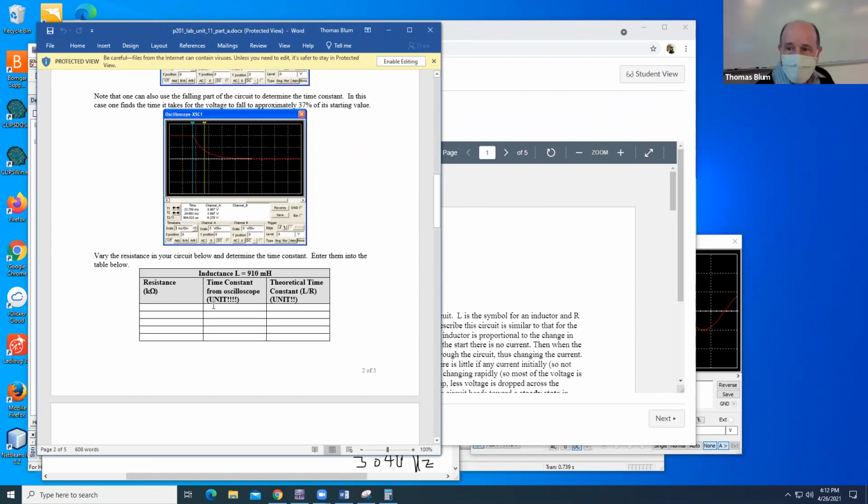If I ask you to change the resistance, you don't change it 1.1, 1.2, 1.3. You make it 1, 2, 3, or 1 and 2.2 and 3.3, or even bigger changes. But don't give me a little 10% change. I'm asking you how it depends on resistance.